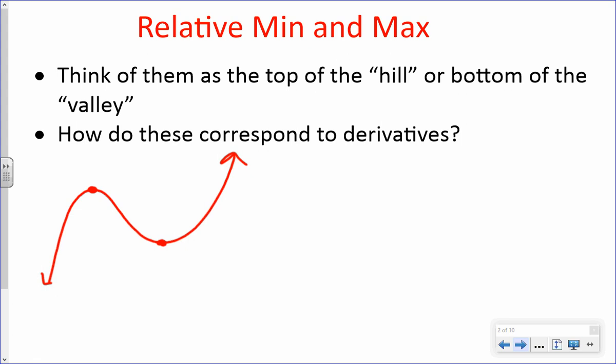All right, so what do you think? How do these relate to derivatives, Trevor? They have horizontal tangent lines. They have horizontal tangent lines, and how does that relate to derivatives?